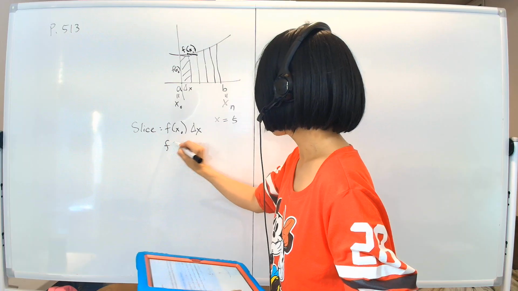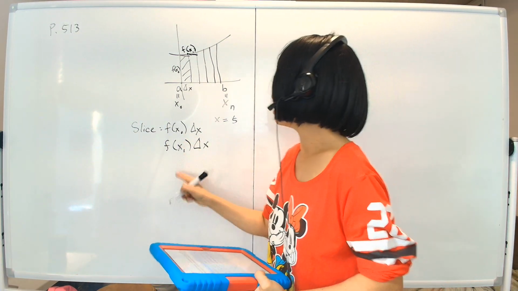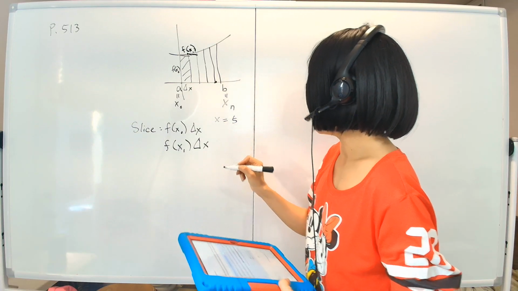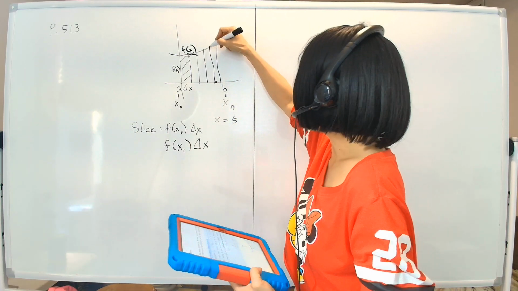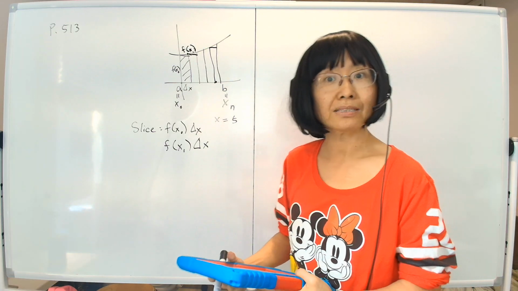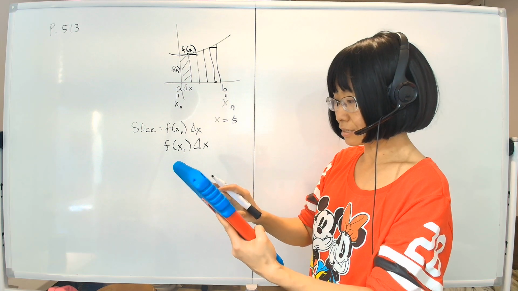The next slice, f of x1 times delta x, and we continue until we get to this last one, and that will give us this last slice, okay? And that gives us an approximation of what the area under the curve is.